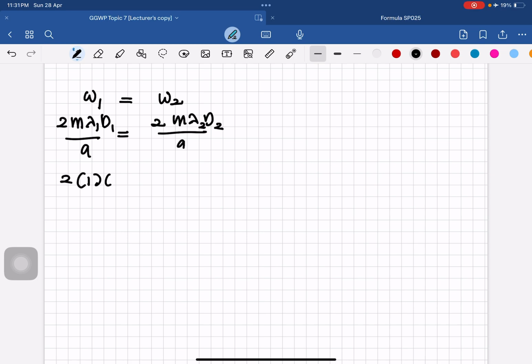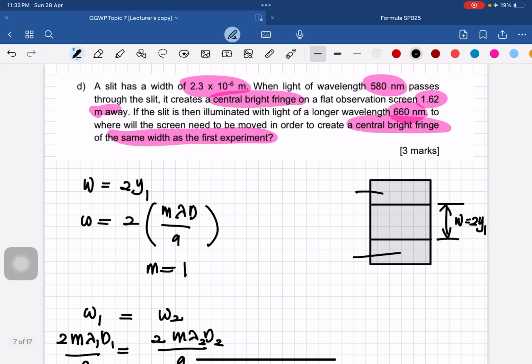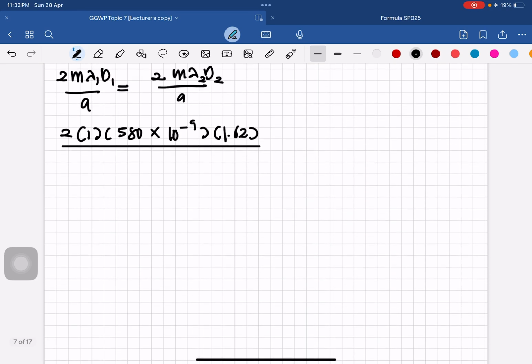So dari sini kamu just substitute. This is 580 negative 9. Ini dia bagi tahu 1.62. Width of the single slit was mentioned earlier, which is 2.3 times 10 negative 6 equal to 2. Yang ini 1. The wavelength is 660.